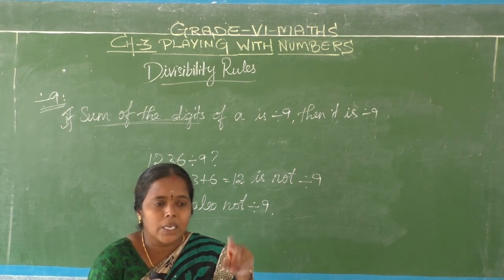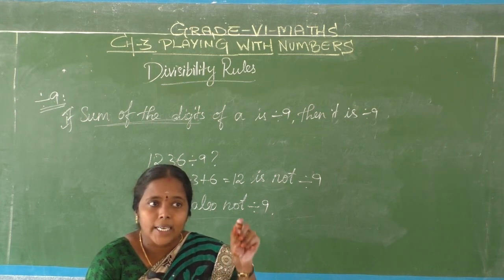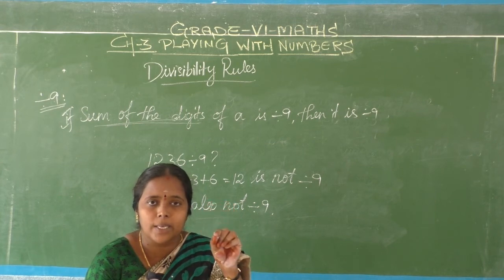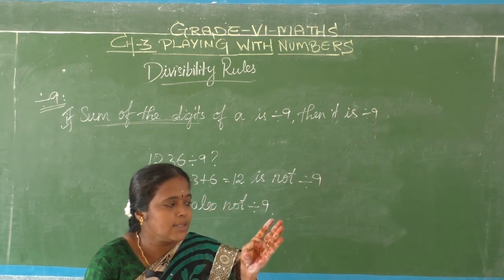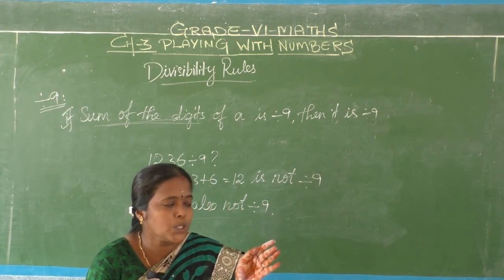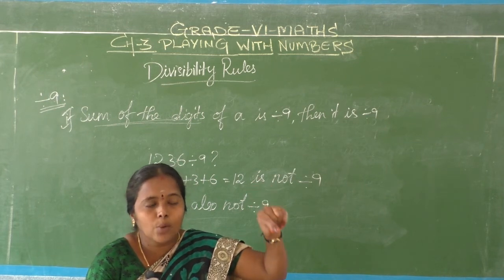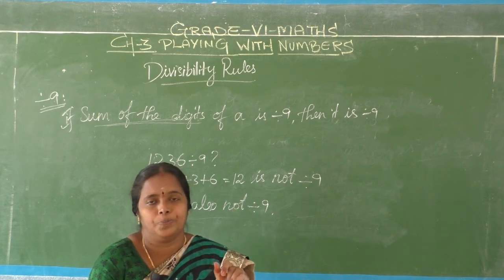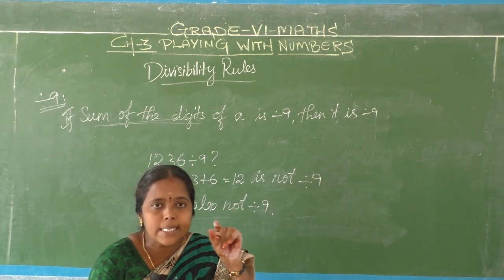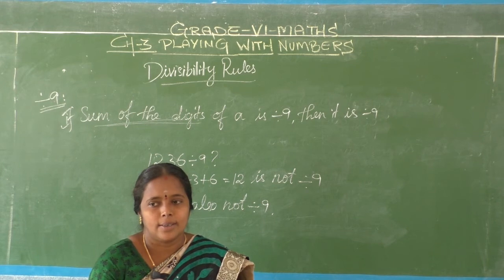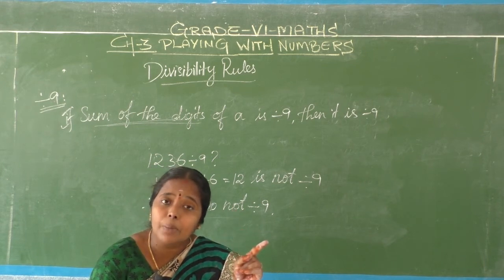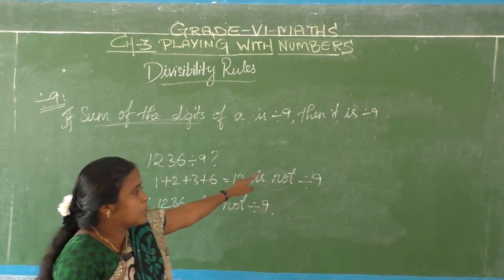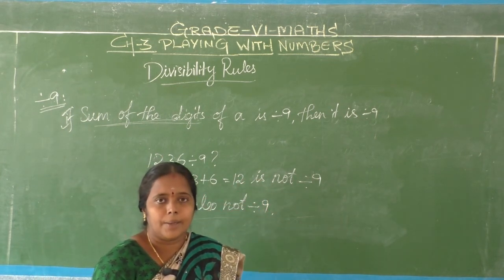Again I am telling, divisibility by 2 means in the ones place of the number, if any one of the digits 0, 2, 4, 6 or 8 is present, we can tell the given number is divisible by 2. Okay, we have to focus on the ones place. Clear? Divisibility by 3 means if the sum of the digits is divisible by 3, then the number is divisible by 3.